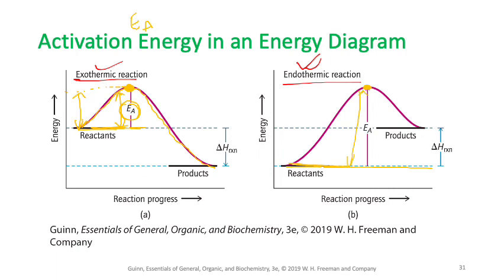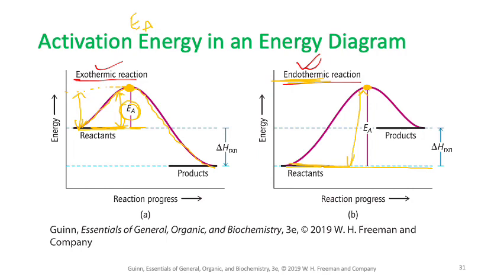The top. So this is the activation energy for the endothermic reaction. And if we compare the activation energy for exothermic and endothermic reactions, from the graph we can say for an endothermic reaction, the activation energy is higher compared to an exothermic reaction where the activation energy is lower.